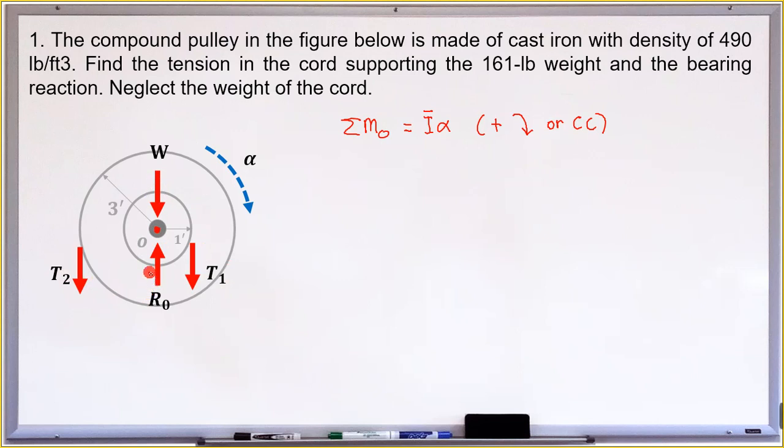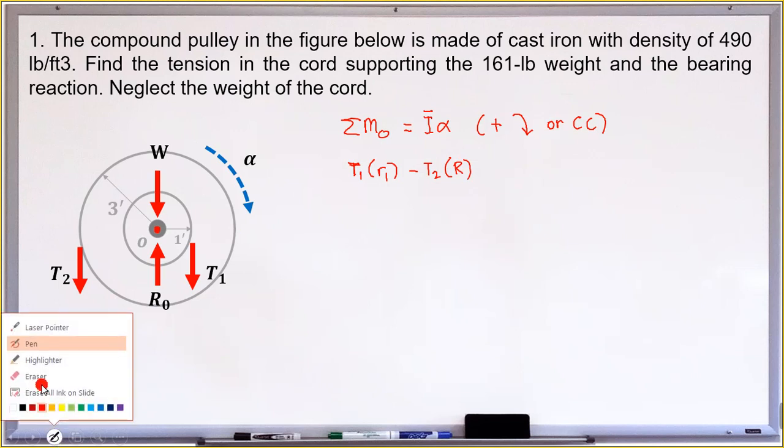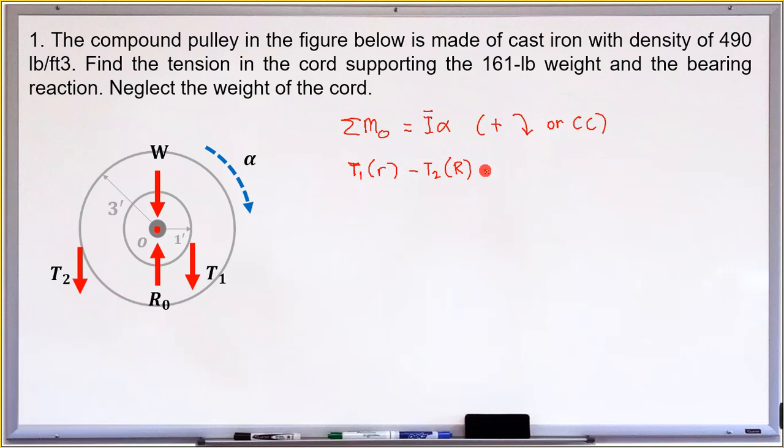These two don't have a moment arm because they are directed towards the axis of rotation, so they are zero. Therefore, what we have here is T1 times its moment arm, which is R1, minus T2 times the moment arm, the larger radius R. It is already okay to write just R. Then that is equal to I bar alpha.